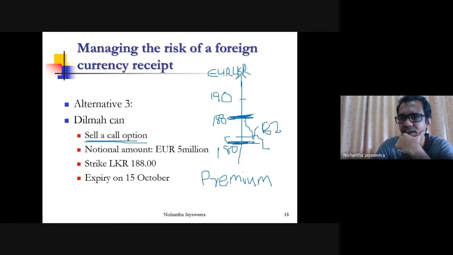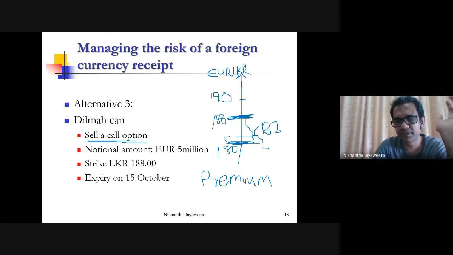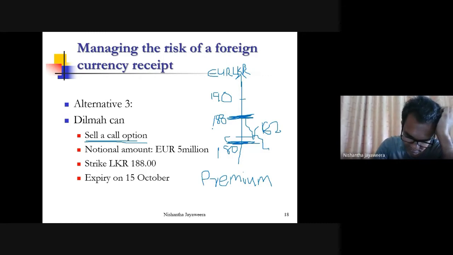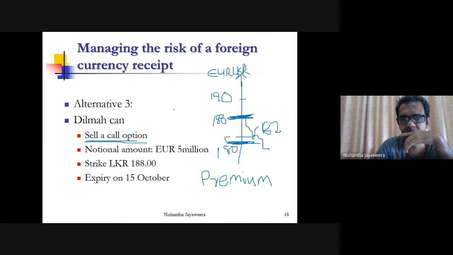But even selling at 188, you still have that other 2 rupees or whatever premium, so 190 or something like that. So this is also a possible way, but it may not give you 100% protection. If you think the market won't move drastically, the premium will give you some enhancement. This is also a possible solution.